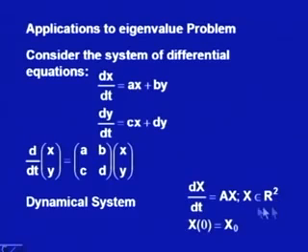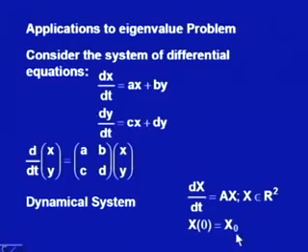Now, together with this differential equation, it is not a single equation, it is actually a system of equations, and this system of two differential equations can be written in a compact form as a matrix differential equation, and this has to be solved under specific initial conditions. So, we specify the initial condition as x at t is equal to 0 is x naught.